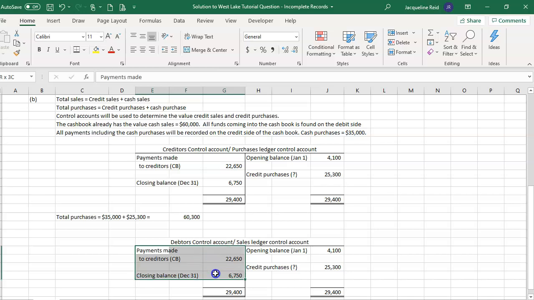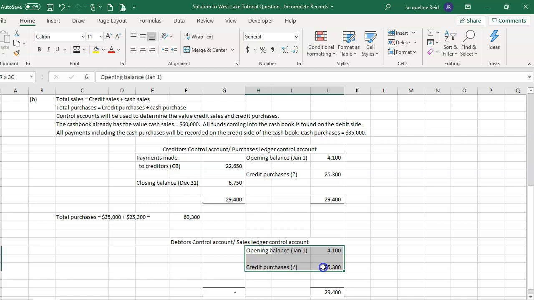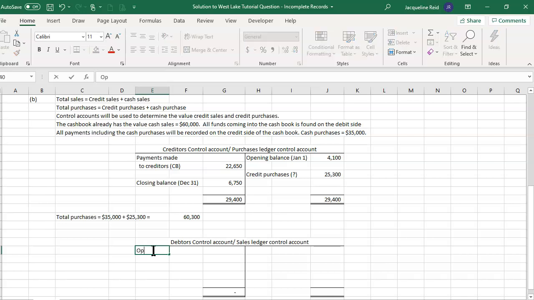So I'm just going to clean out the entries and put in new entries. Because debtors are assets, their opening balances have to be on the debit side. So the opening balance, which is the figure for January 1, happens to be $5,000.